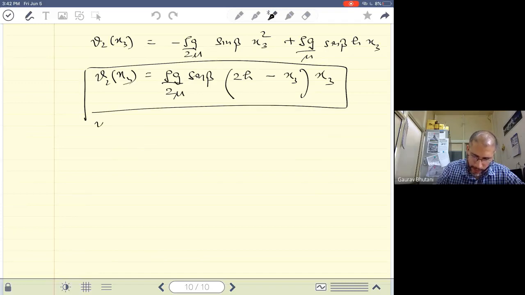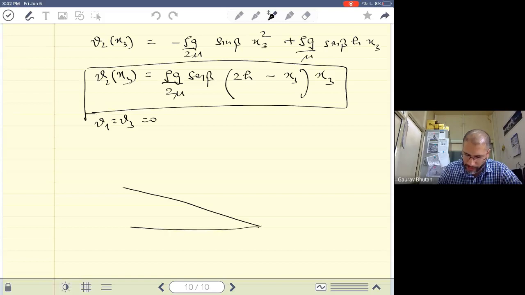And we already know that v1 and v3 are 0. So you can see that the velocity v2 as a function of x3 is a parabola which has a value of 0 at the bottom. So if I try to plot that, I'm sorry, I keep changing the angle beta, but that's just the way I draw it.